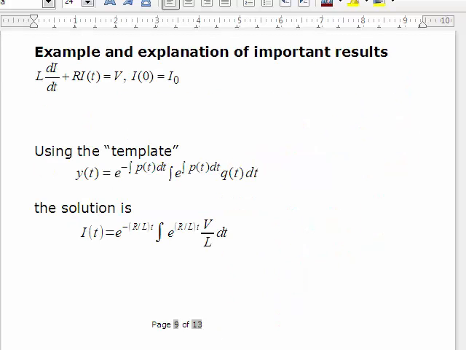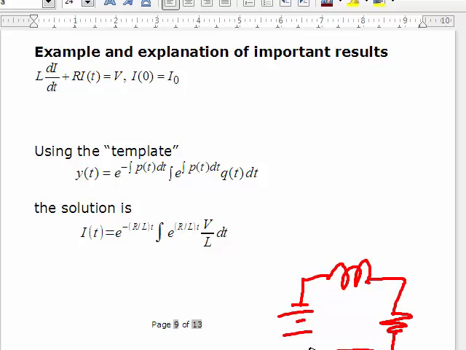So here's an example. This is a circuit. It's a series circuit that has an inductor and a resistor in it, and some kind of battery. And here's my inductor, and here's my resistor. Okay.